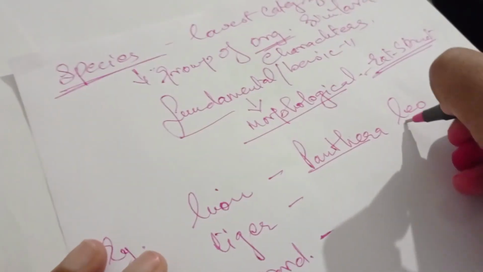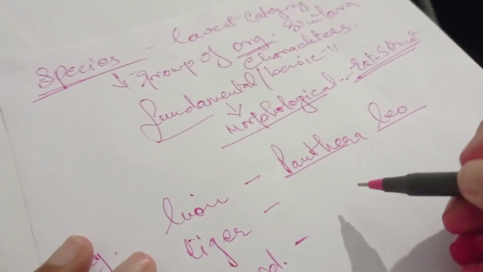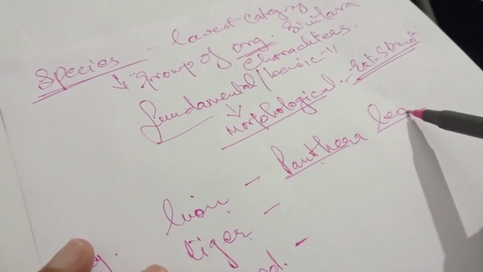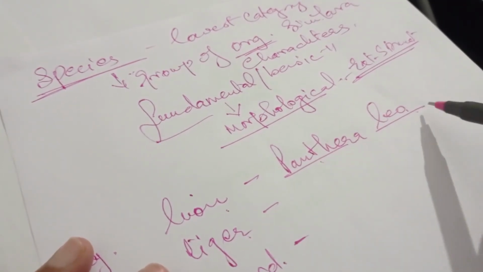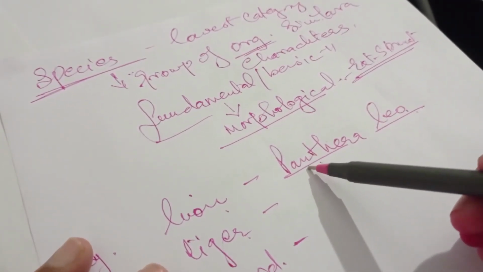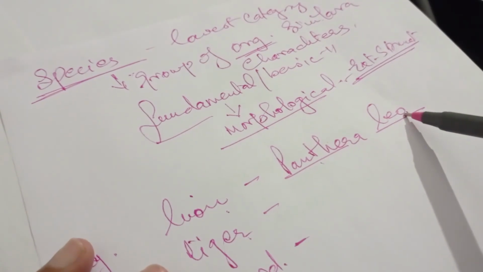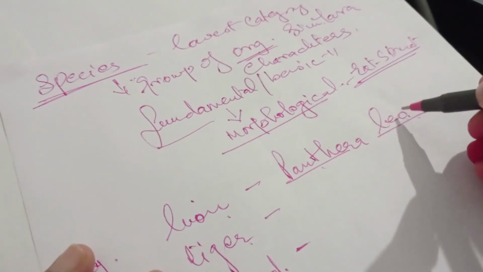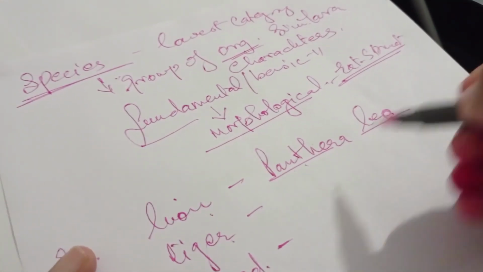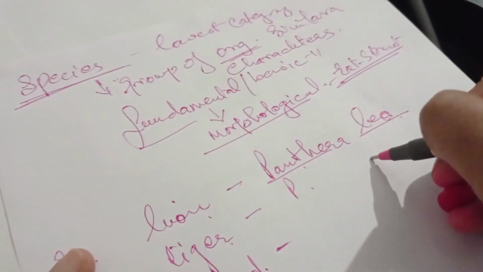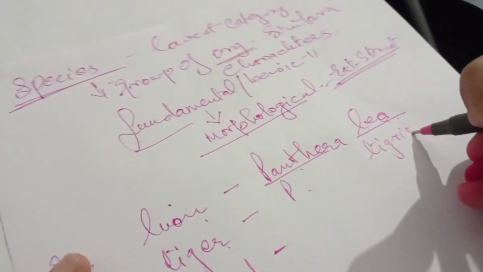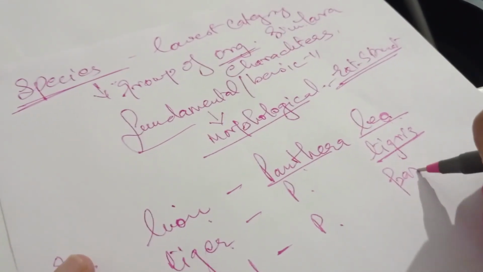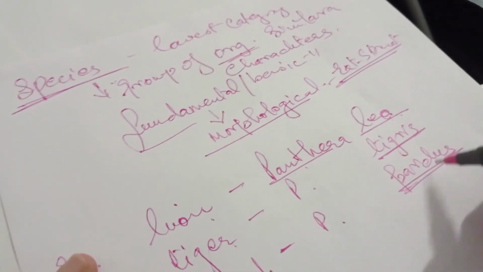I told you in the previous class that biological names of organisms are made up of two names. The first is the name of the genus and the second is the specific epithet, that means the name of the species. So Panthera leo is lion, Panthera tigris is tiger, and Panthera pardus is leopard.